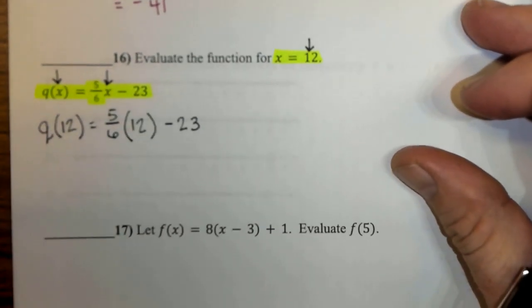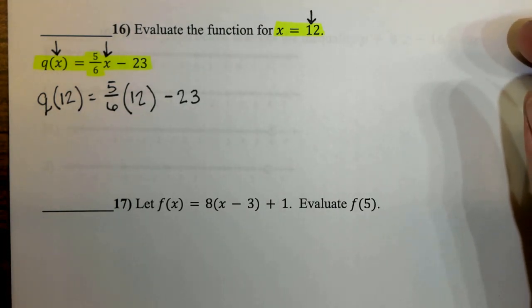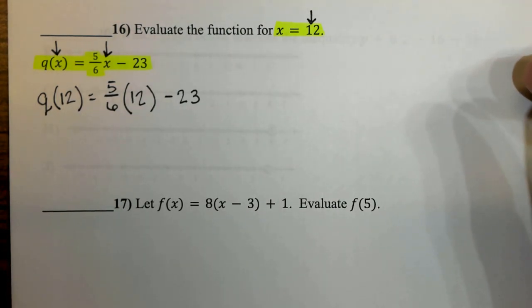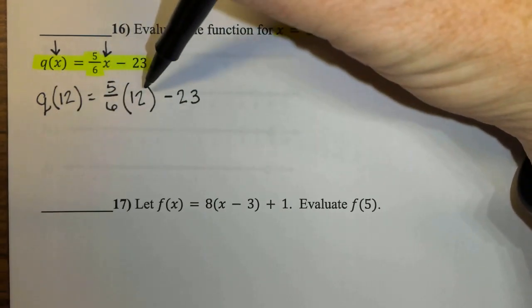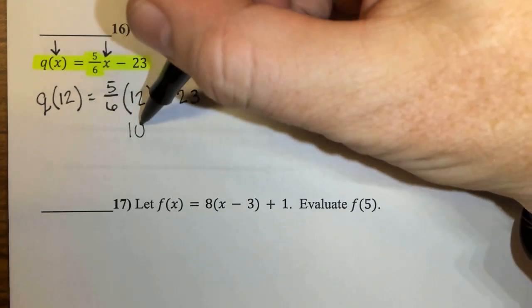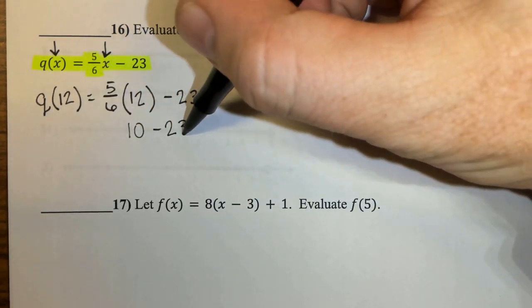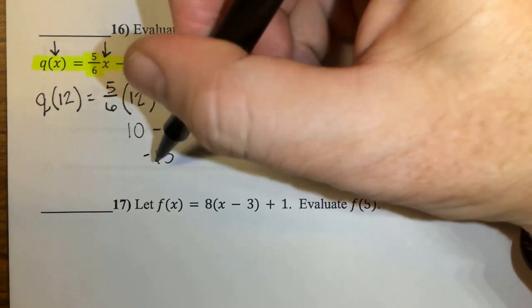So that should be kind of an indication. If I get a decimal on these, something's wrong, so you might want to go back and redo it. But on this one, if I multiply 5 over 6 times 12, that would be 10 minus 23. If I do 10 minus 23, you should get negative 13.